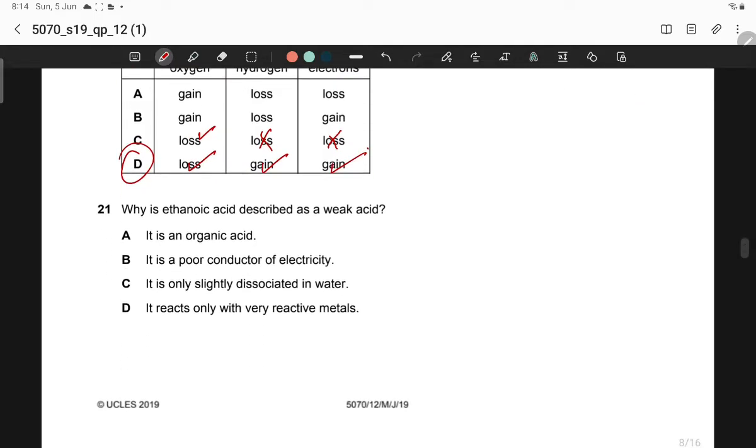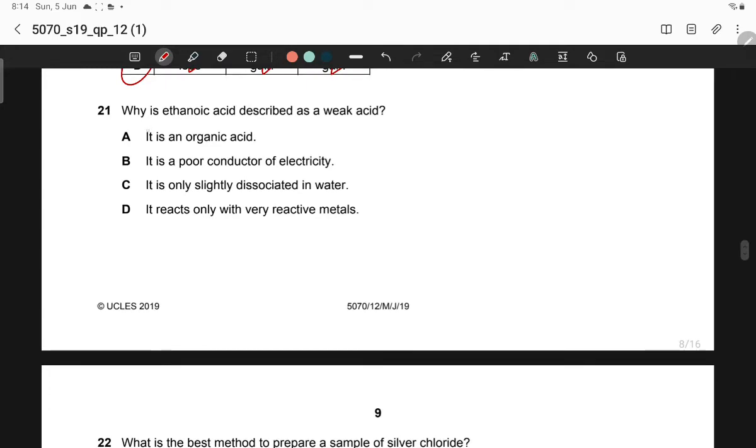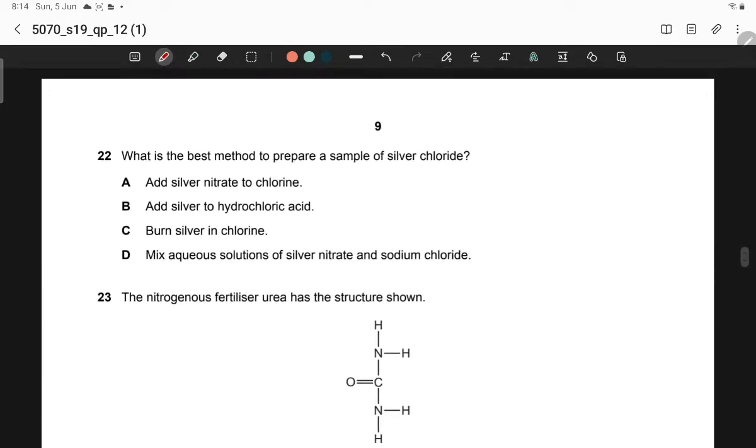D is the correct option. Question number 21. Why is ethanoic acid described as a weak acid? It is an organic acid. It is a poor conductor of electricity. It is only slightly dissociated in water. This is the correct option.